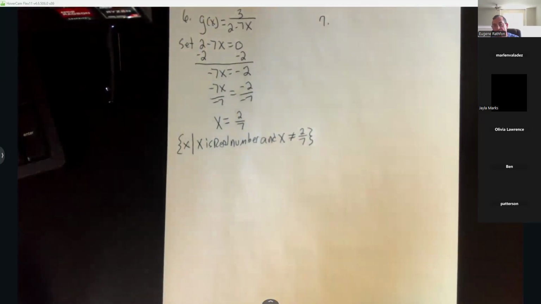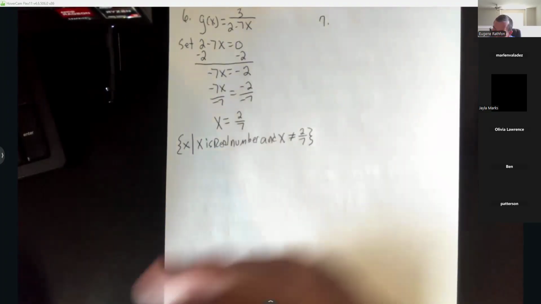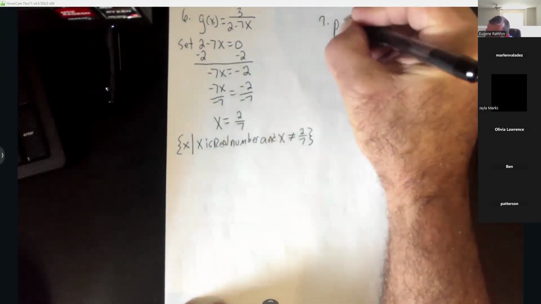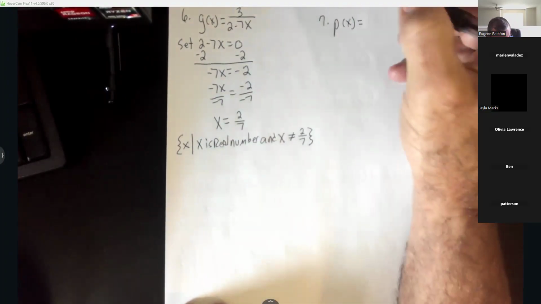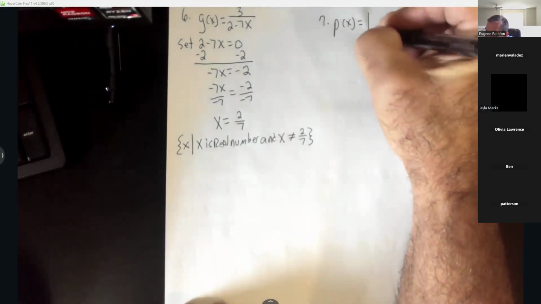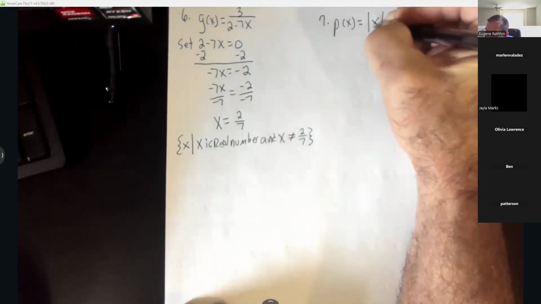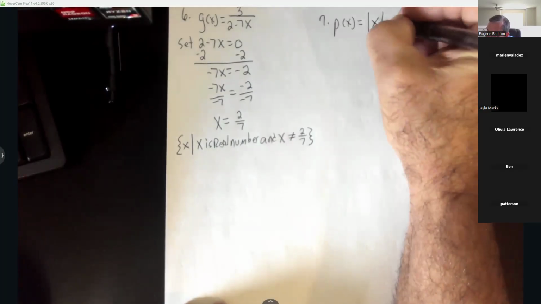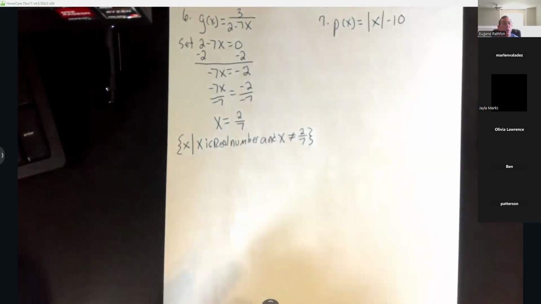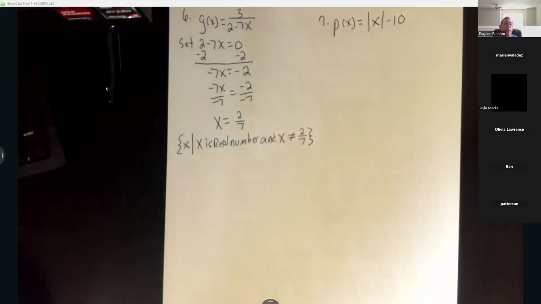All right, y'all, so this is the last one. I'm going to let y'all answer this one. You got p of x equals absolute value of x minus 10. So the question, would you exclude any numbers from that domain or would it be all real numbers?